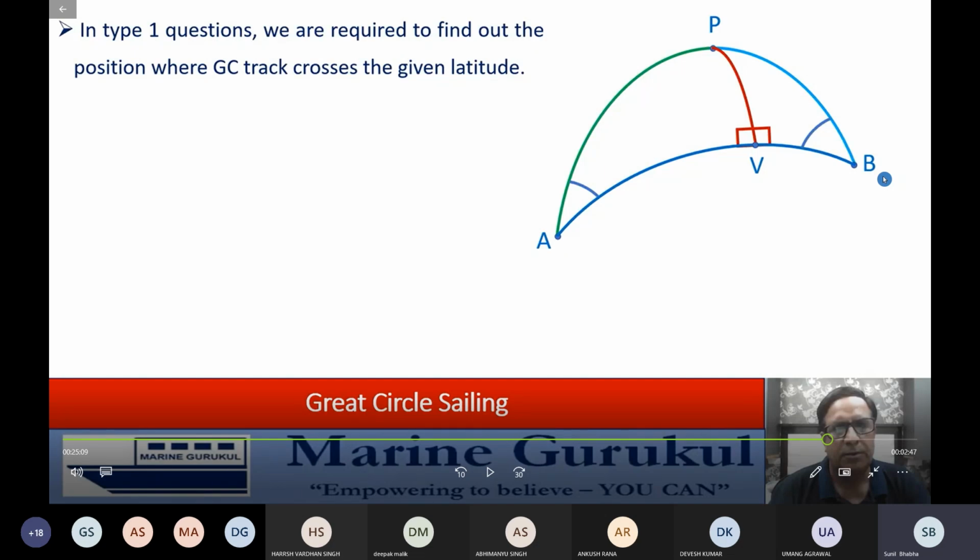As we have seen earlier, we will see where the vertex lies, then we will make a diagram, and in that diagram we will apply Napier's rule and find out the latitude and longitude of the vertex. In this example, I have assumed that the vertex lies inside the triangle. It can be solved with the vertex lying outside also. The method is exactly the same. They will give us one particular latitude and we need to find out the position where the great circle track crosses that latitude.